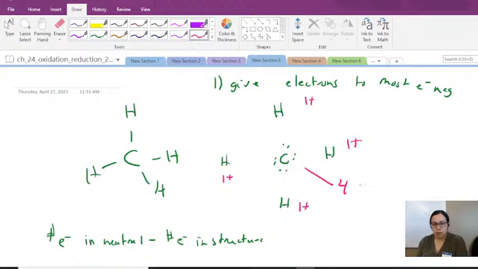It should have 4 in the neutral, minus 8. That gives us a formal -4 oxidation state for carbon. In your organic compound, the oxidation states should still add up to the overall charge. So for neutral methane, all that adds up to 0.